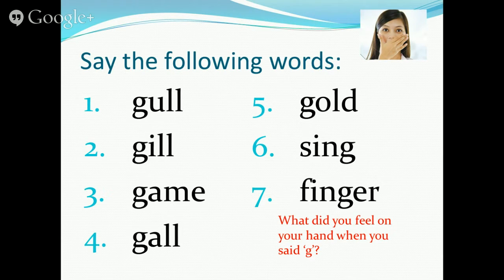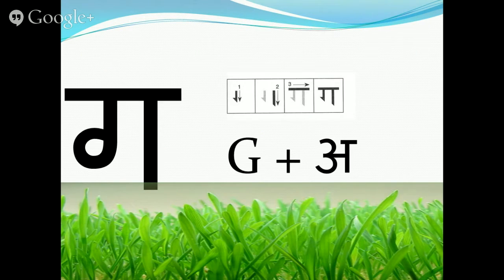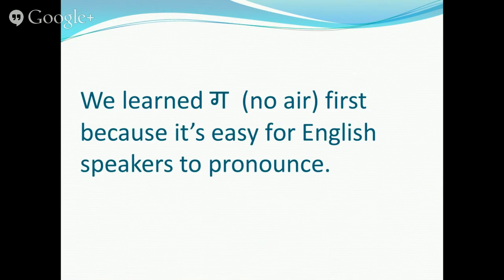Hopefully you did not, because that's what we're going for. In English we don't really aspirate G. So we already learned this. This is G. We have no air that comes out when we say this. It's basically the same as English G. There should be no air following G. And it's easy because you should already know how to do it.